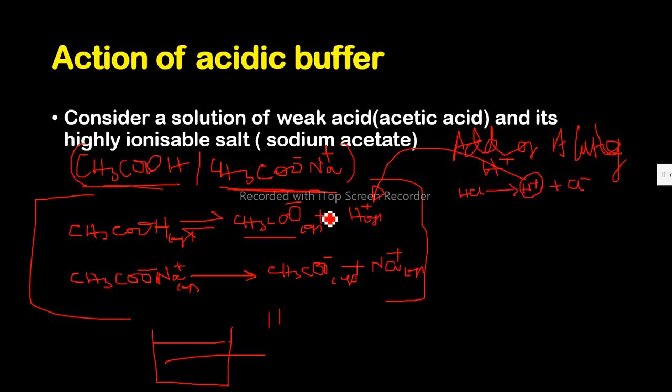Now addition of hydrogen ions in this solution at equilibrium will disturb the equilibrium, so that instead of increasing hydrogen ions, more acetate ions will combine with the hydrogen ions that have been added in this solution mixture at equilibrium to form more undissociated acid.